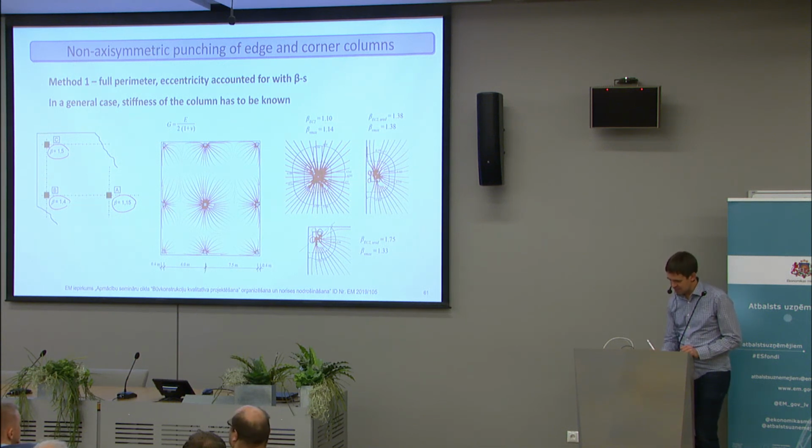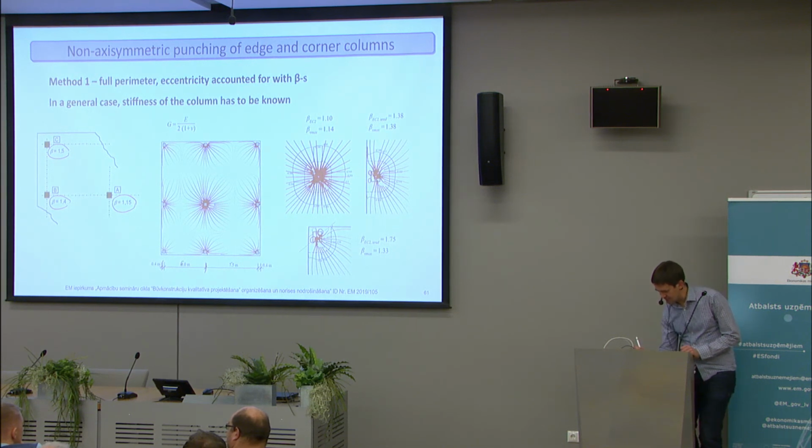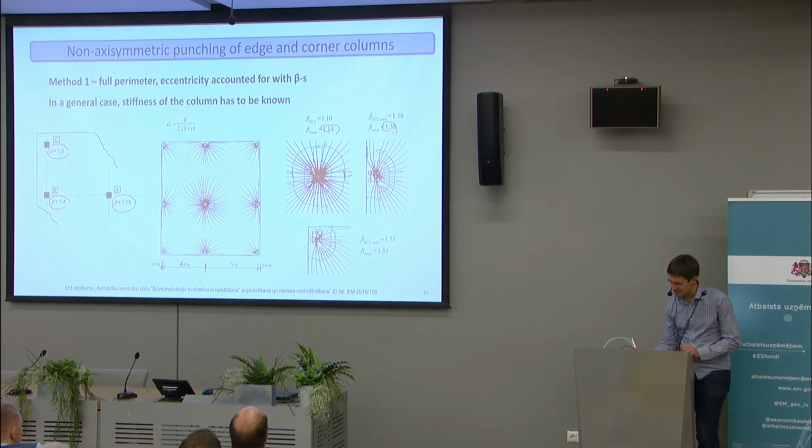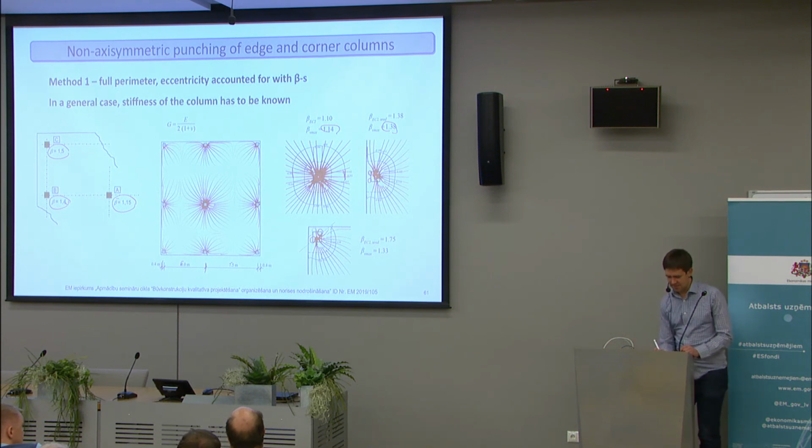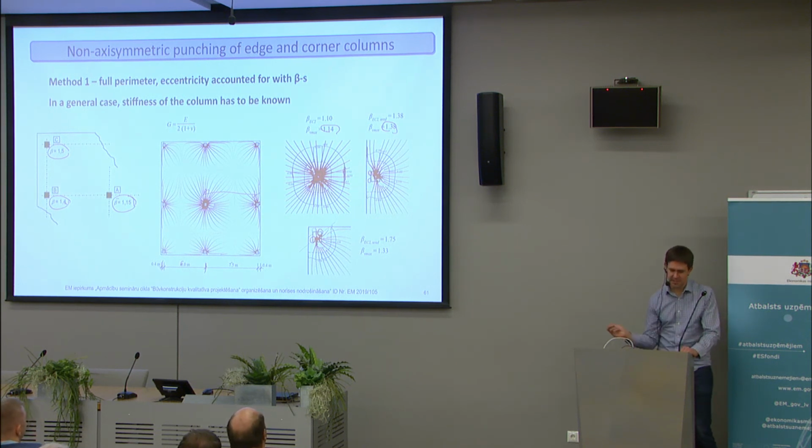So I made a simple model with a 6 meter span and a 7.5 meter span, and then looked at the unevenness of shear on the sides, and I get that it's quite similar to these values. So probably these values have been derived from this kind of analysis. The upper limit for the span difference is 1.25, that's 25%, and then you will have 15% more shear force on one side.